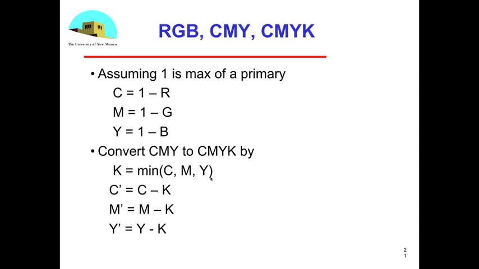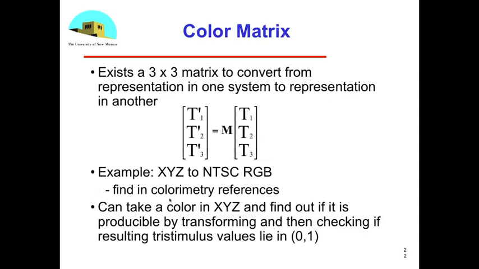That's the blackness. So you extract that, and then the three remaining color values are what's left after you subtract that minimum out. The matrix that goes back and forth between them, as we said, is just to go from XYZ to NTSC RGB, or from one RGB to another RGB, is just a 3x3 matrix that you can do.